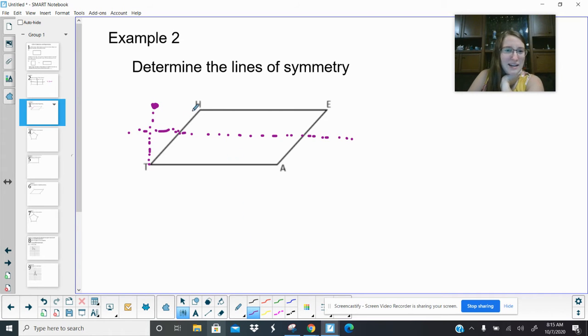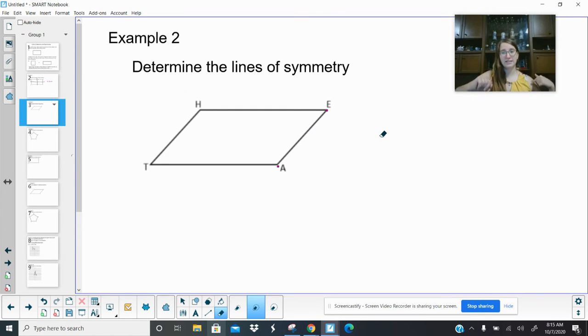That's not on another existing point. So this is not a line of symmetry. If I folded over that point, T would not fall on an existing point. Same thing, A would fall up here. It needs to fall on a labeled point.